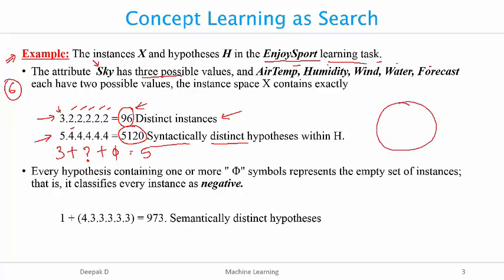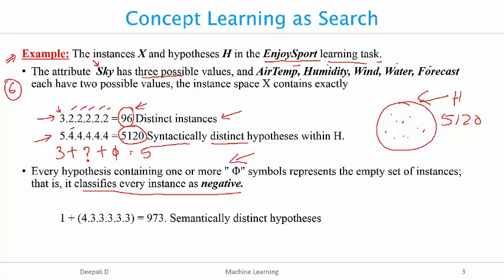So in this H, you will have 5120 syntactically distinct hypotheses. Every hypothesis containing one or more null values represents the empty set of instances, so it classifies every instance as negative.